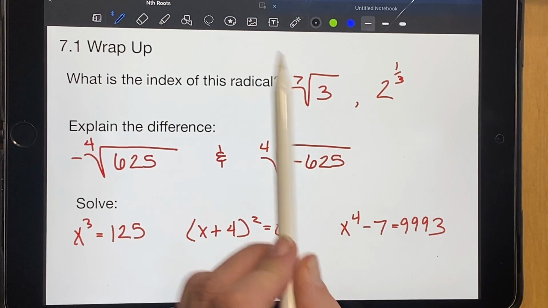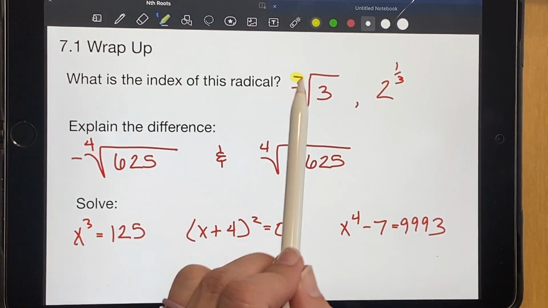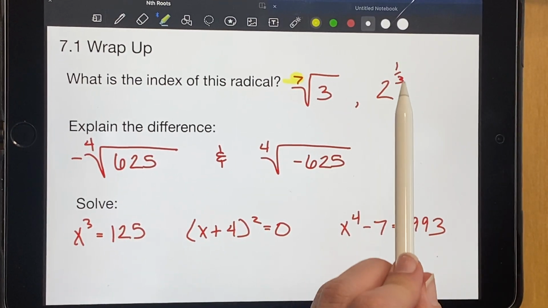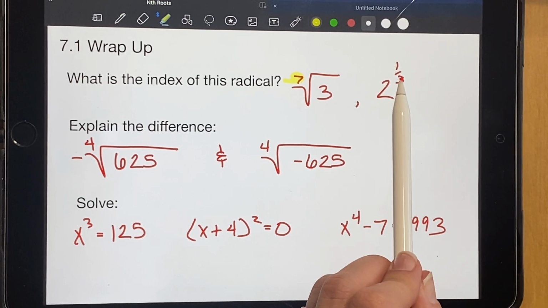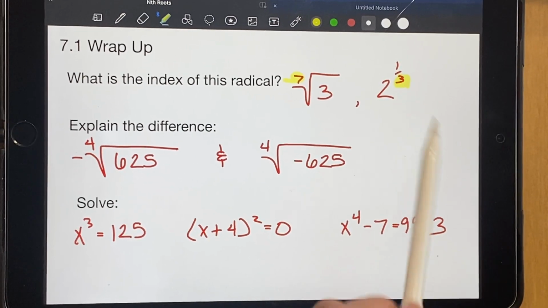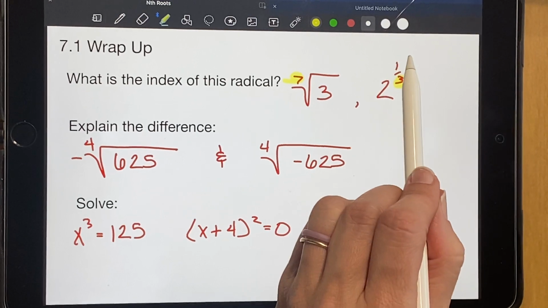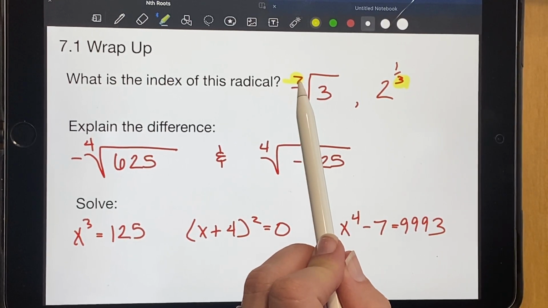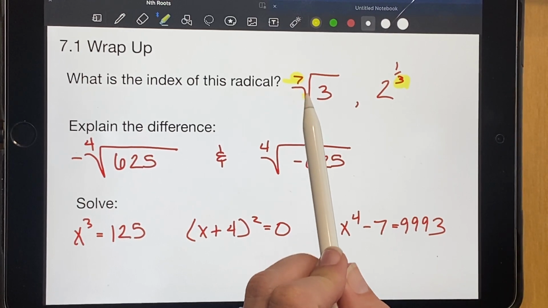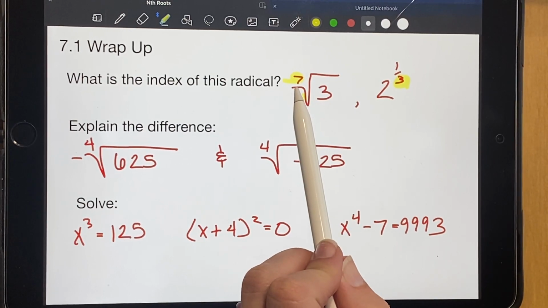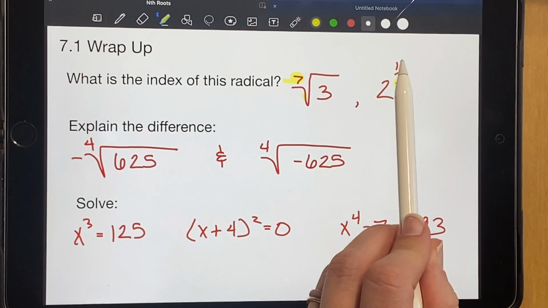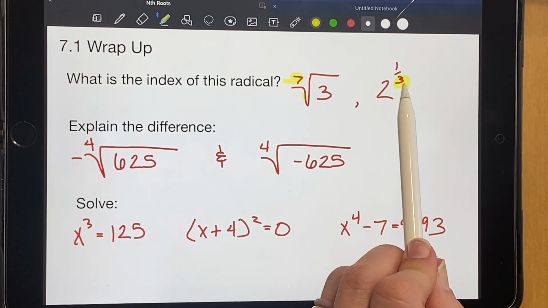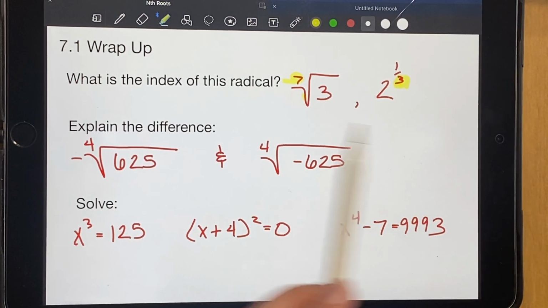So index here is going to be 7. The index, when we have it as a fractional exponent, is always the denominator, because this is I have over I need. So when we have our root form, our index is above our little radical sign. When we have it as an exponent, the index is always going to be your denominator.